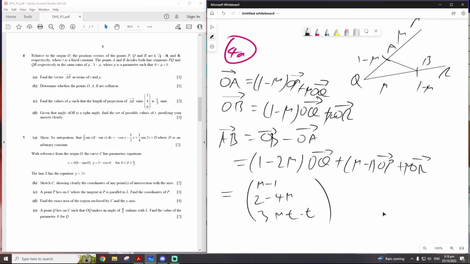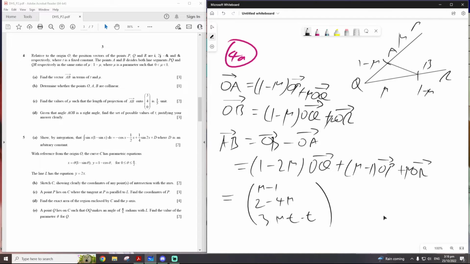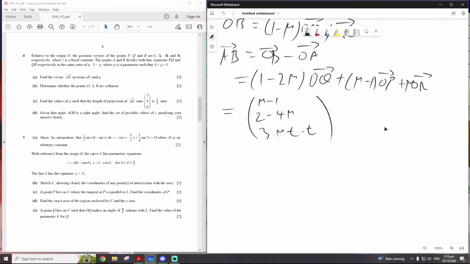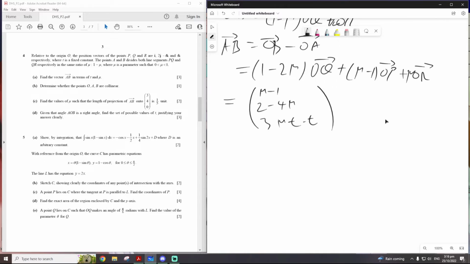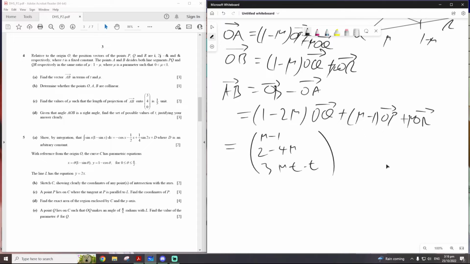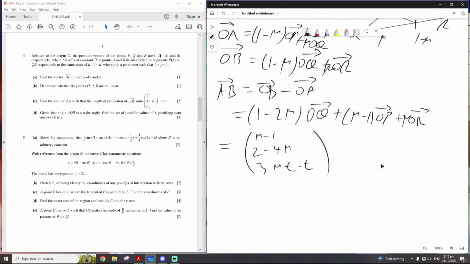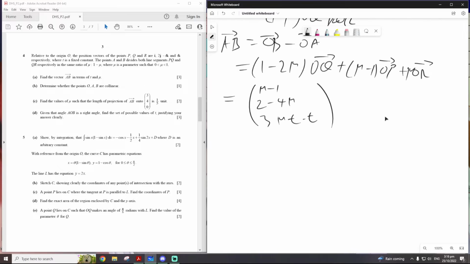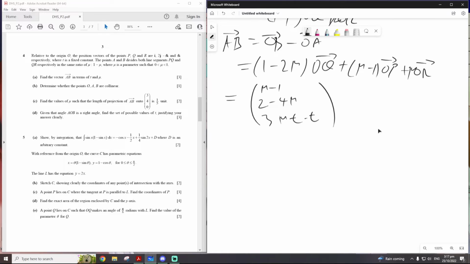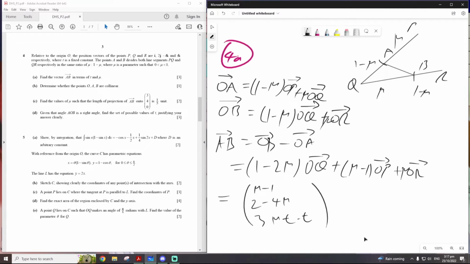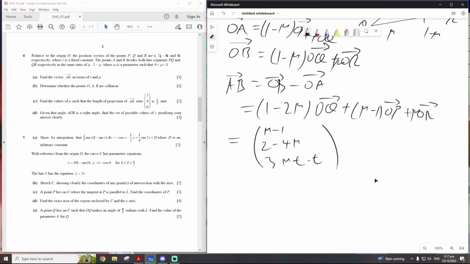Determine whether O, A, and B are collinear. This should be a no-brainer, but they are not, because they cannot be expressed as scalar multiples. I can try to write it explicitly.